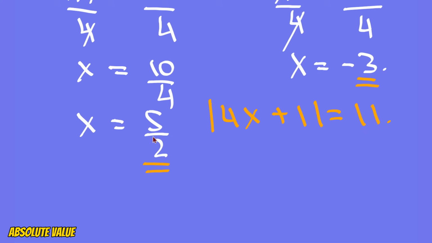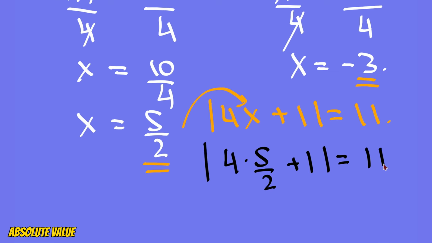Here we have the first answer, let's say 5 over 2. Instead of x, I'm going to put 5 over 2 right here. So the absolute value of 4 multiplied by 5 over 2 plus 1, and it's going to be equal to 11, right?